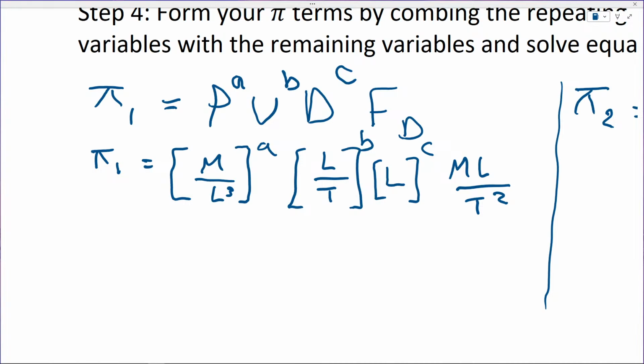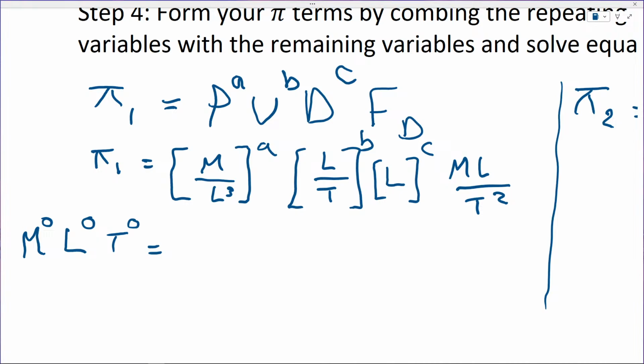You can also do it algebraically, and it's always easier to do it algebraically than what I described here. So for this Pi 1, the power of m is equal to 0, L is equal to 0, and t is to the power 0, because it's all dimensionless, so that gives you 1.